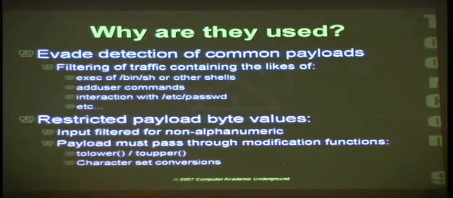So why would you want to use this? There's a couple of reasons. First, you may want to evade network monitoring detection of things like filtering for common instructions like exec bin shell, add users, interaction with password files, other sensitive files. Or you may have some constraints on where your payload is going to be traversing on its way to getting executed.